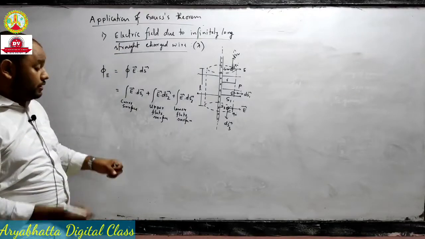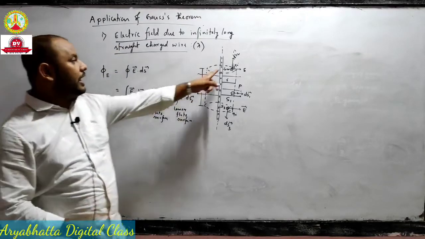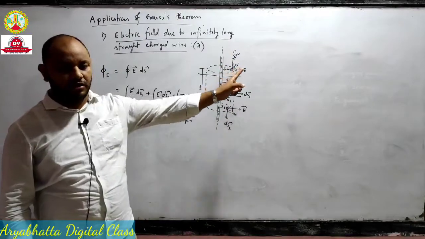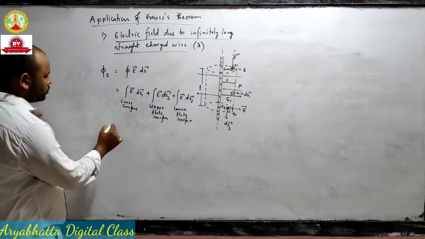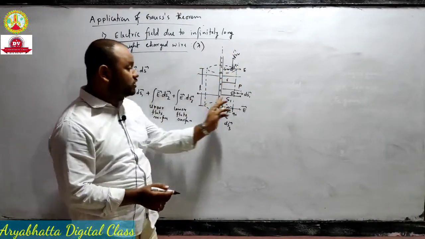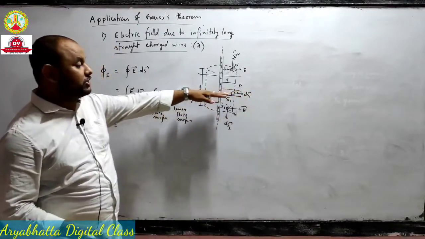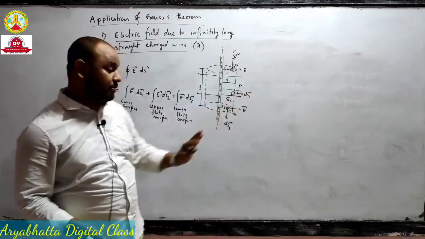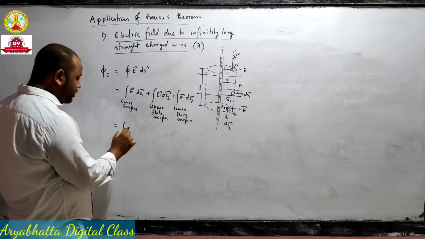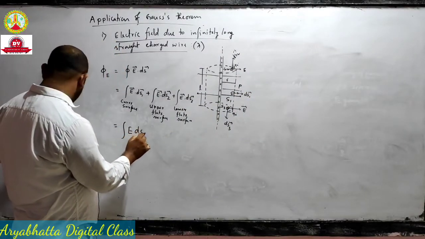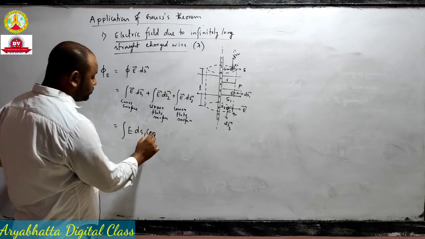So here the angle between E and ds2 is how much? 90 degree. The angle between E and ds1 is 0 degree. Here the direction of electric field and direction of area vector ds1 is the same. That is why we can write E ds1 cos 0 degree.